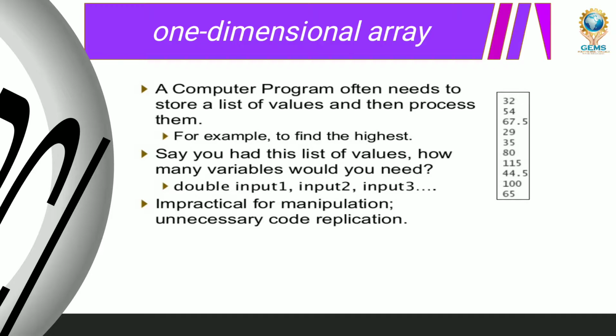So look at here. Without reading out this definition, I want to explain about one-dimensional array. Here 32, 54, 67.5, 29, 35, 80, 115, 44.5, 165. These are the given elements.